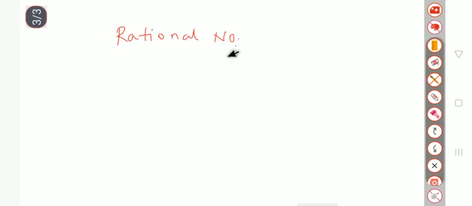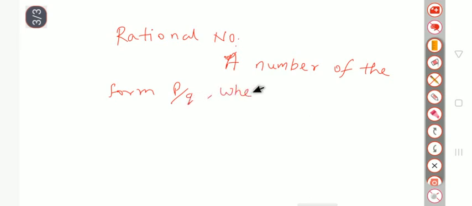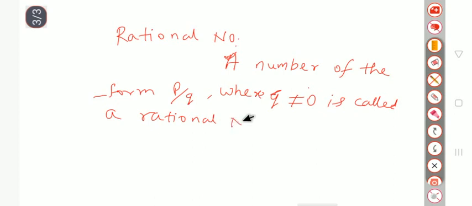First of all, what is the definition of rational number?